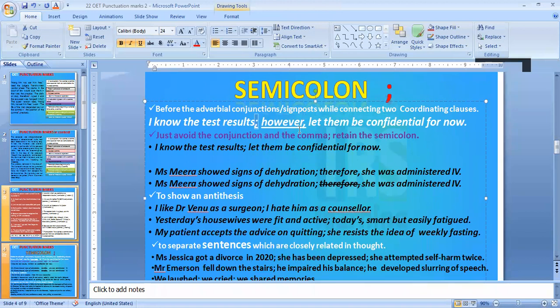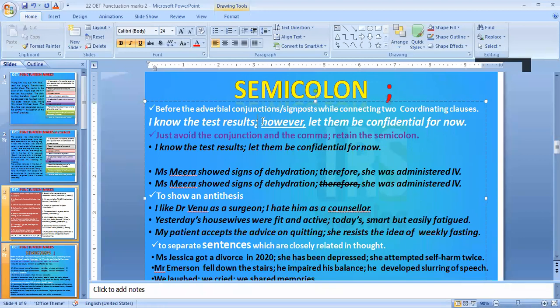Two independent clauses connected with a signpost like however or therefore or additionally or consequently. All these are signposting words. When they come in the middle, connecting two sentences or two clauses, better use semicolon. Now, there is a shortcut. The shortcut is given here. Just avoid the conjunction and the comma.